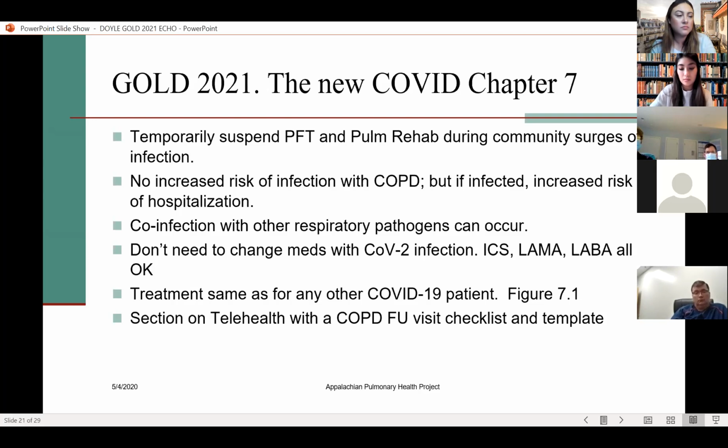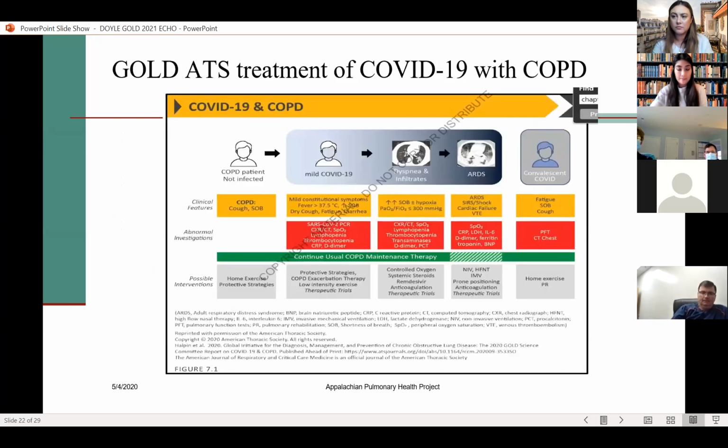When they have coronavirus, you treat them the same as any other COVID-19 patient, and they have a nice figure that I'm going to show you in a second. And finally, they have a really nice section on telehealth with a really good checklist and template for performing and documenting a COPD follow-up visit. So those are my main points.